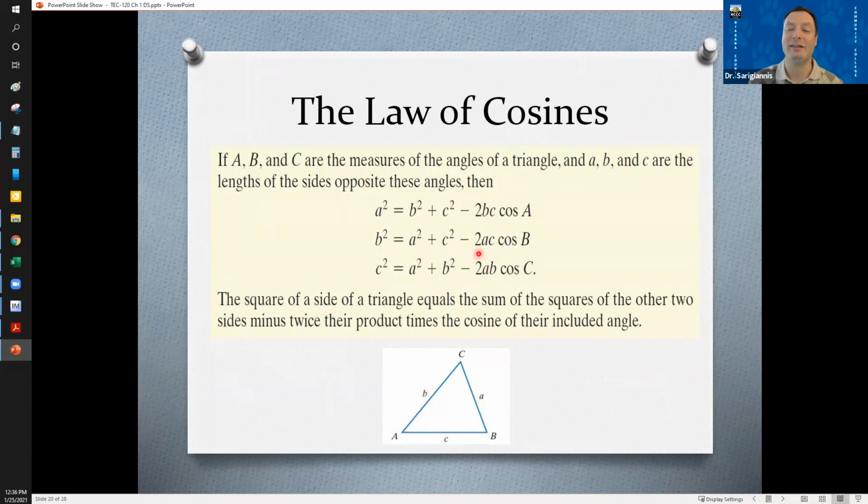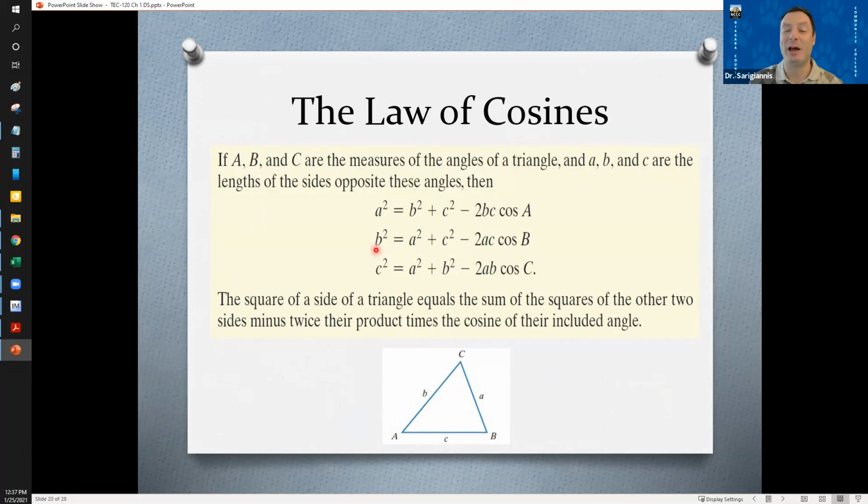Twice their product times the cosine of their included angle. And you can write this for any orientation of this triangle, right? The point is, if you know two sides and their angle between them, you can figure out the other side of the triangle. So that's law of cosines.